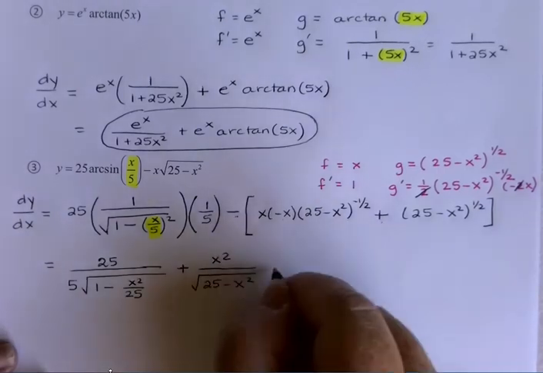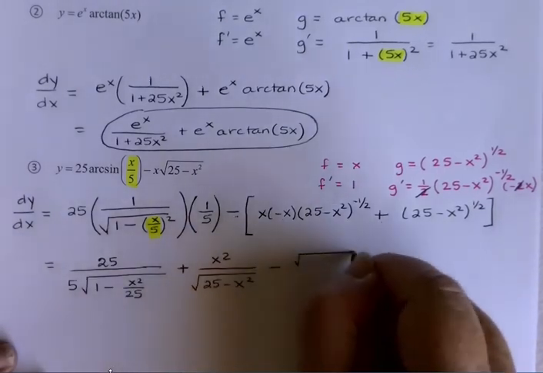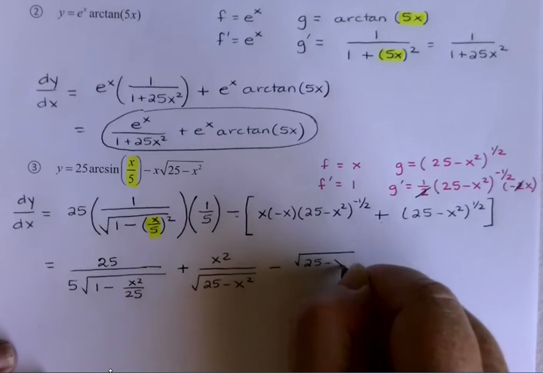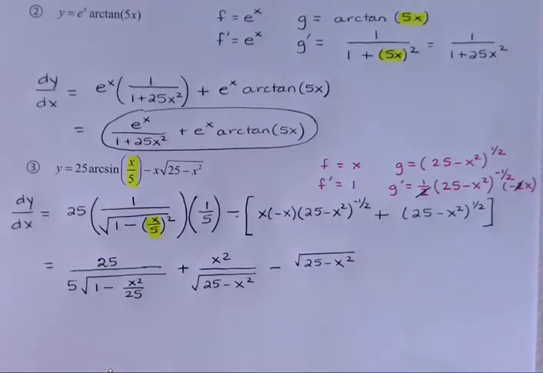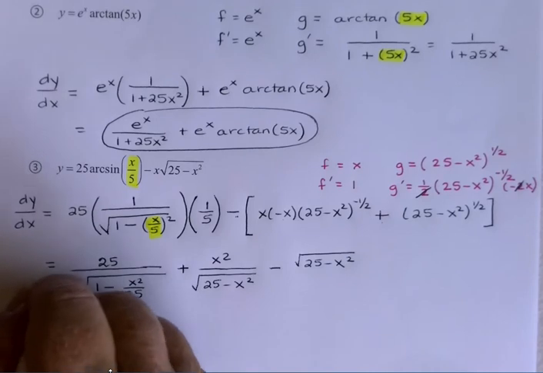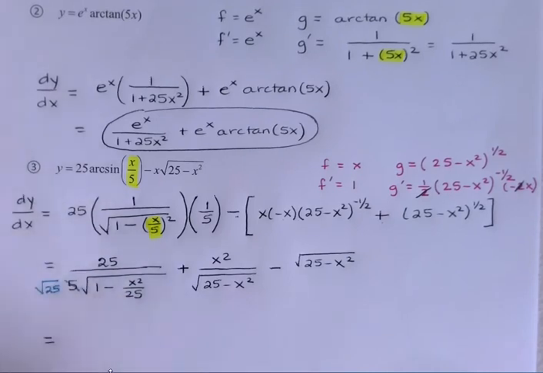And now minus the square root of 25 minus x squared. That's not terrible, although I do have a complex fraction right here. But I think I can actually do better. What I'm going to do is think of this 5 as a square root of 25, so that these are now both radicals, I can distribute this in here.